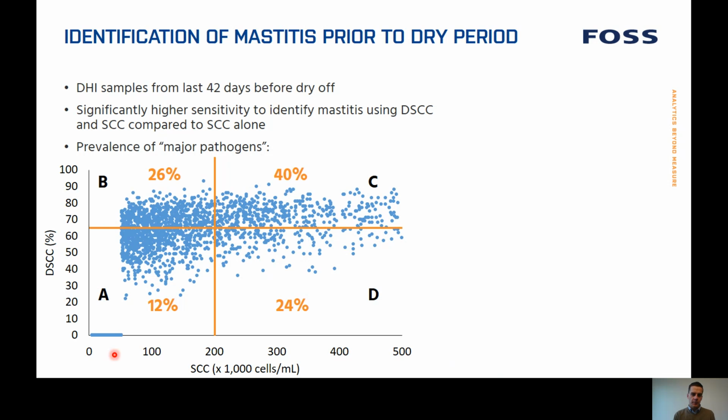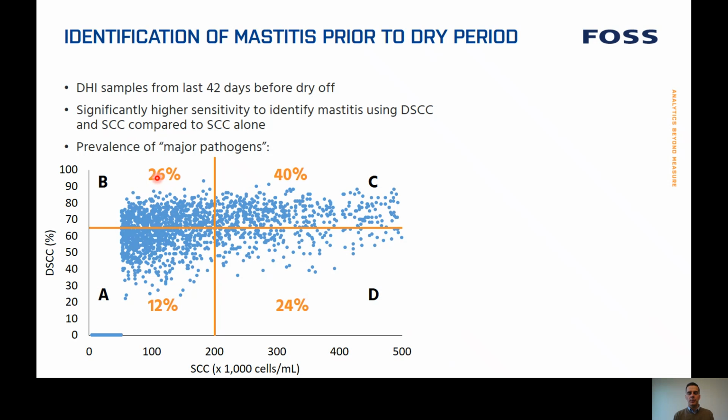We found that only 12% of cows in udder health group A were infected by so-called major pathogens, such as Staphylococcus aureus or Streptococcus uberis. In udder health group B, the prevalence of these pathogens was more than twice as high.